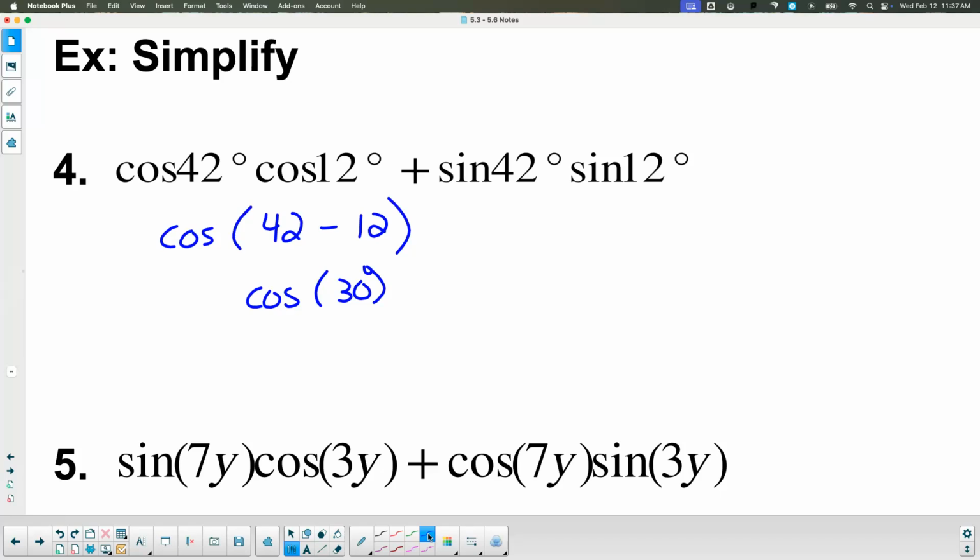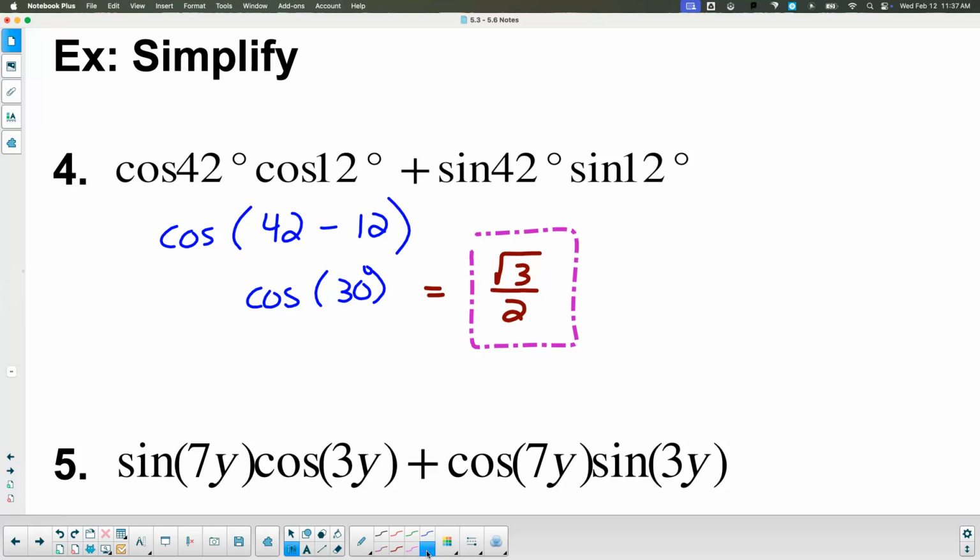And what is the cosine at 30 degrees? Square root of 3 over 2. So this one is the square root of 3 over 2. Next one.